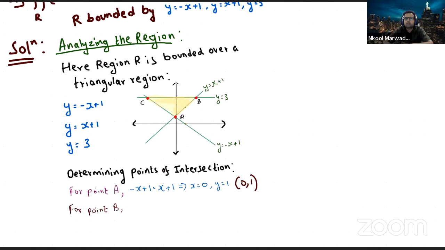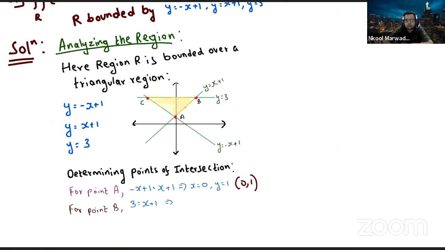So point B is the intersection of y is equal to x plus 1 and y is equal to 3. I can write 3 is equal to x plus 1. It implies that x is equal to 2.